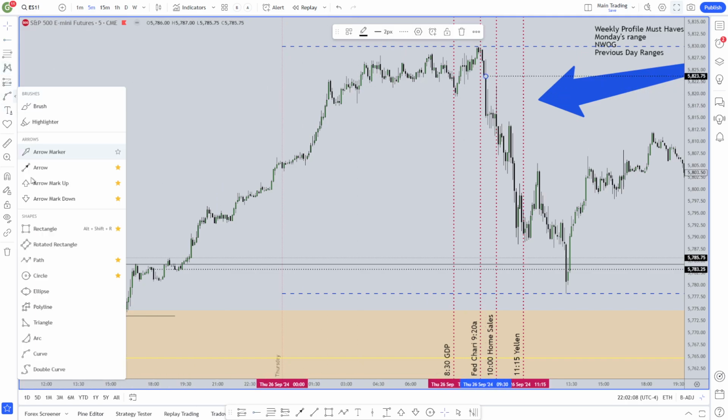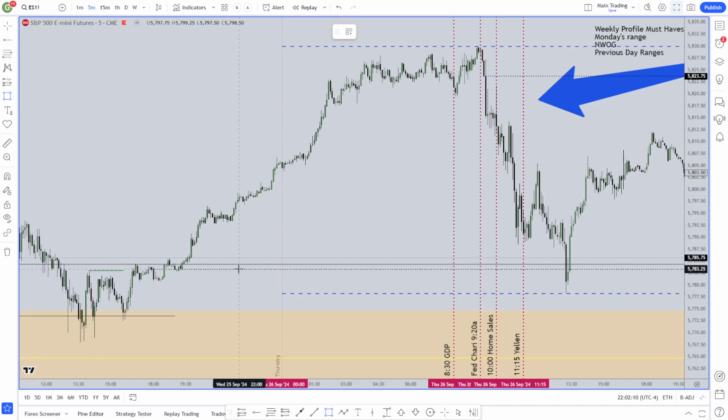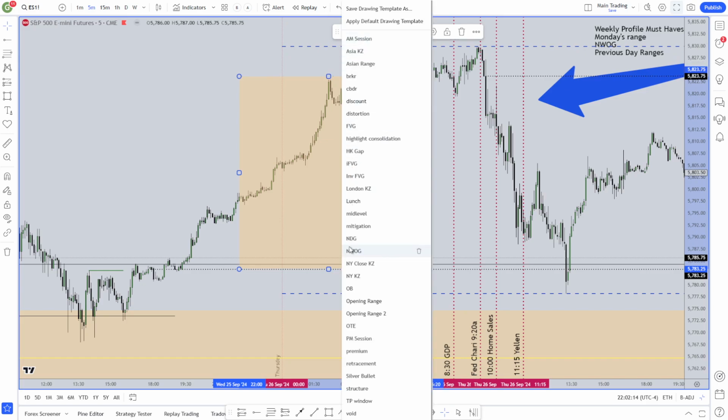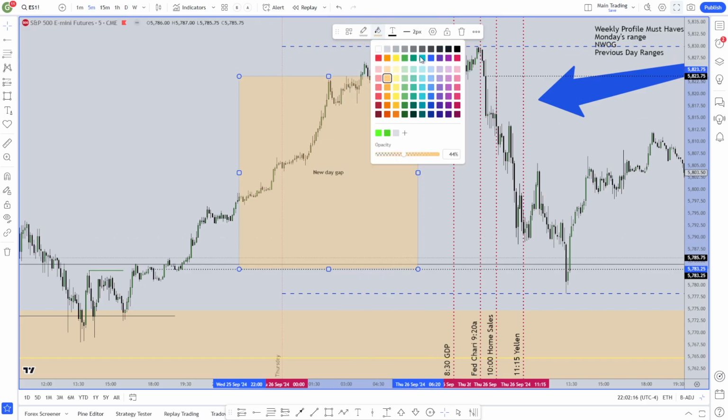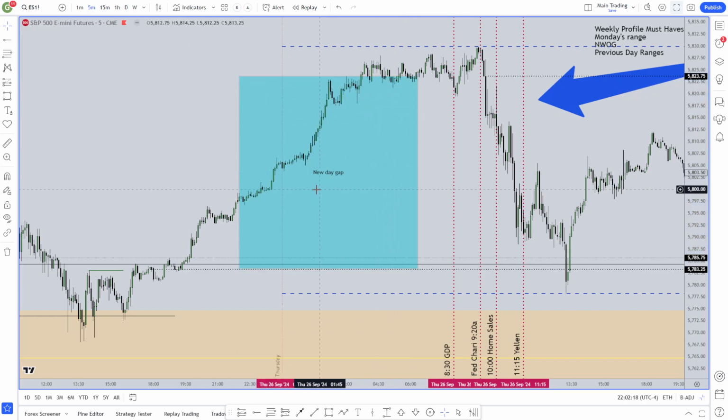So within all of this range, if we were to start becoming bearish, we can use all of this range to help us. And we would just keep our wits about us because we are in a weekly bullish profile.